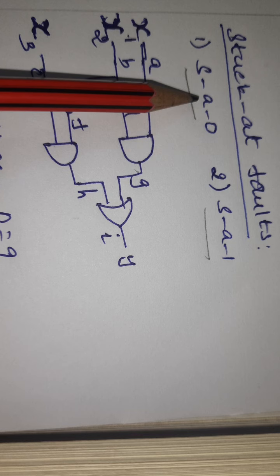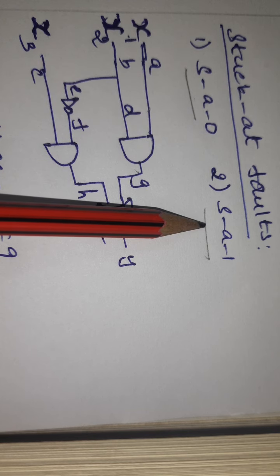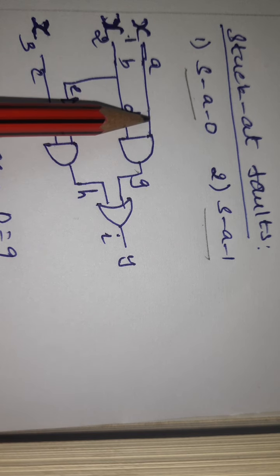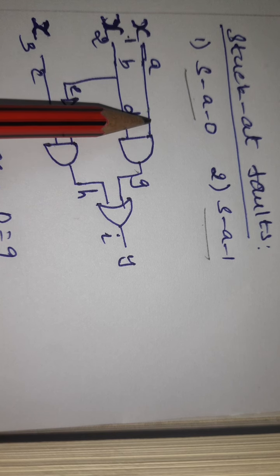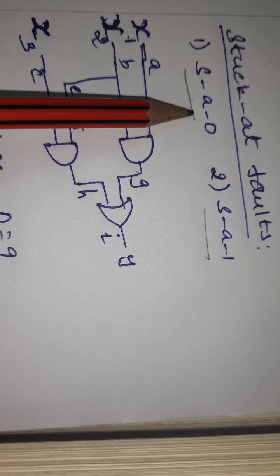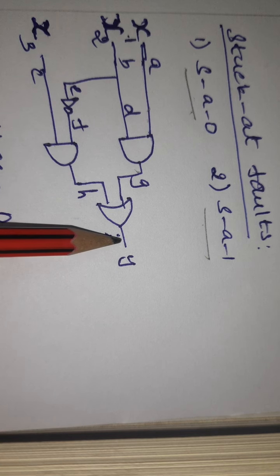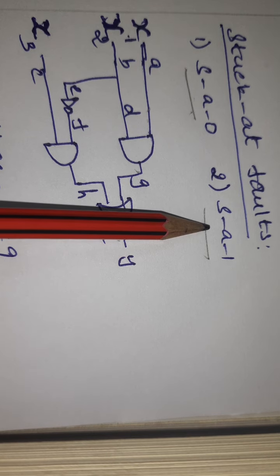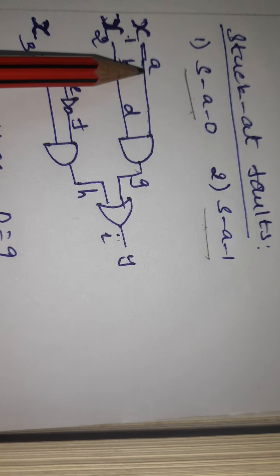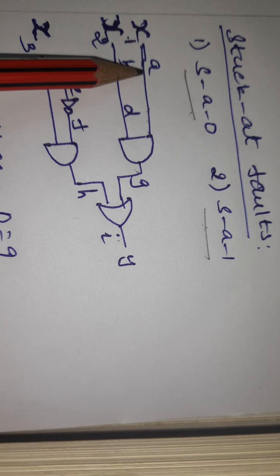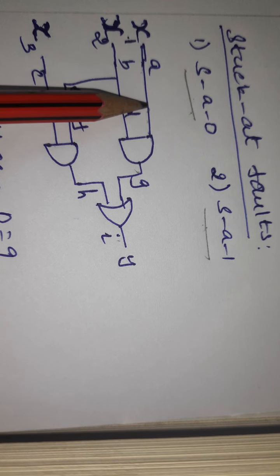Already we discussed what stuck at 0 and stuck at 1 faults mean. That means any one of the input or output is fixed at either 0 or 1. If this input line is fixed as 0, that is named as stuck at 0. Suppose this output line is fixed as 1, then that fault is named as stuck at 1. Whatever input you give here, this line is considered only 0.